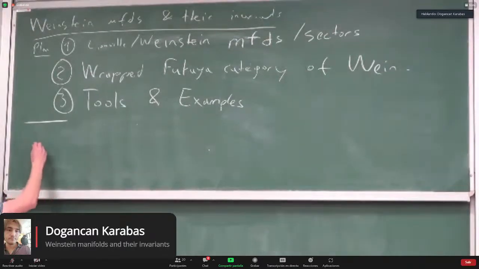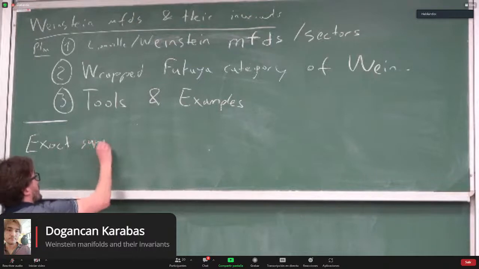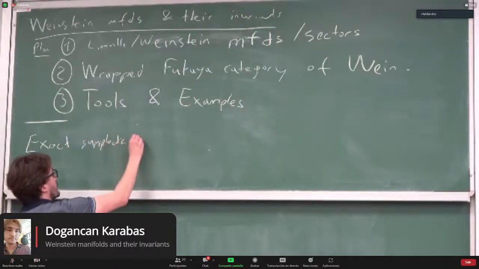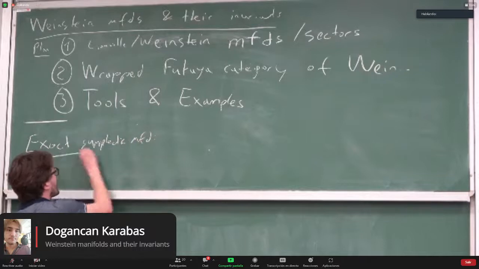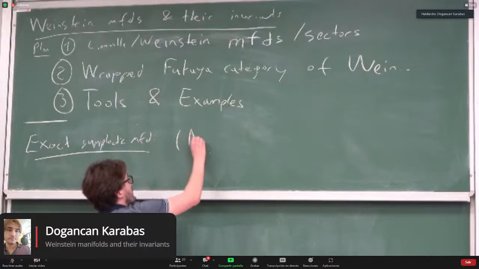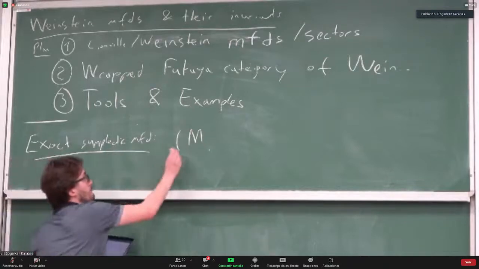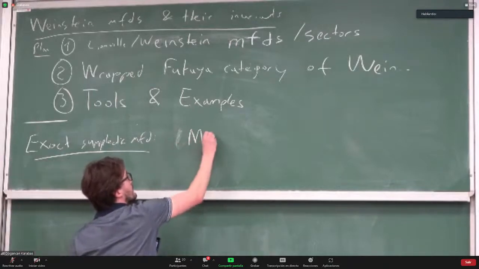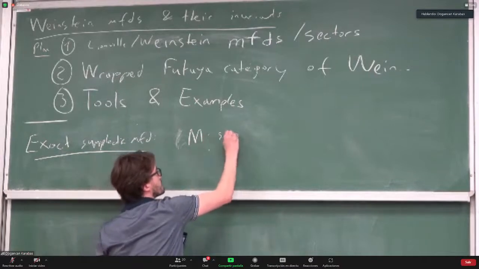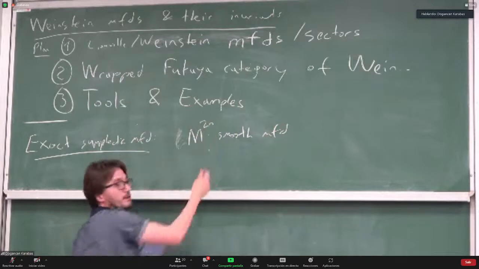So first part, I will give some definitions, exactly like the manifold. Maybe it's known to some people, but I will be safe and give definitions. So, M is a smooth manifold, necessarily even dimensional.